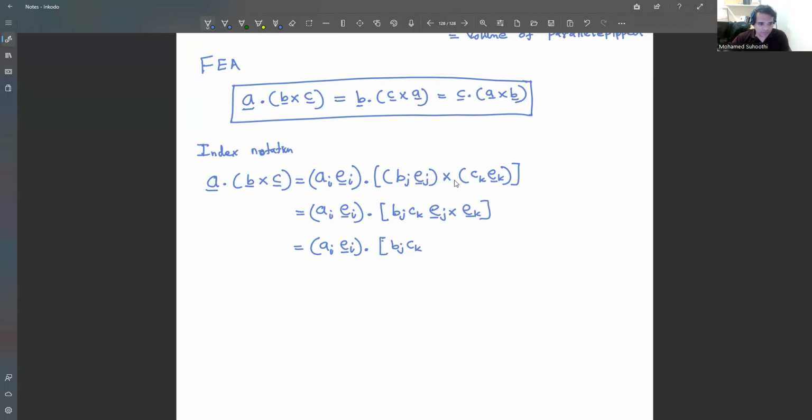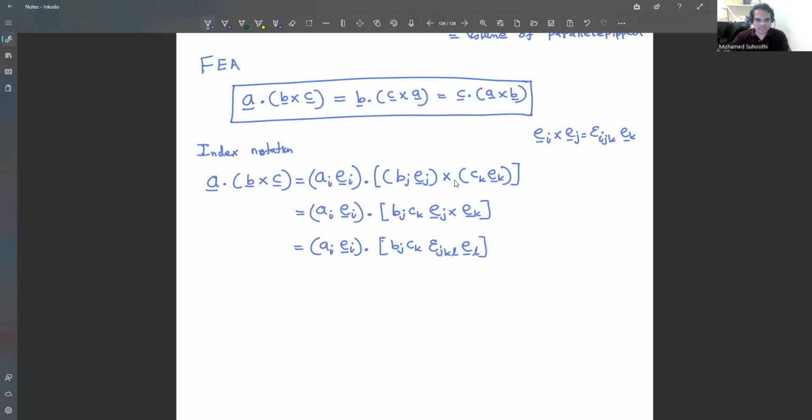e_j cross e_k equals epsilon_jkl e_l, right? So you remember this one, right? e_i cross e_j equals epsilon_ijk e_k, right?